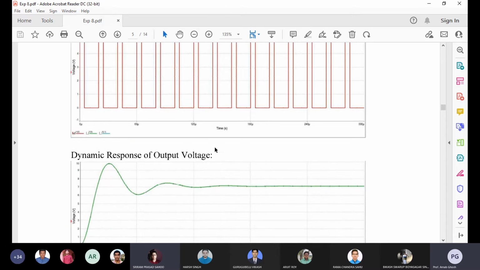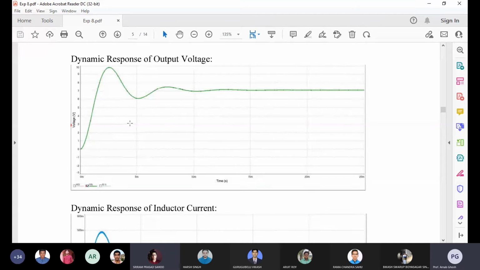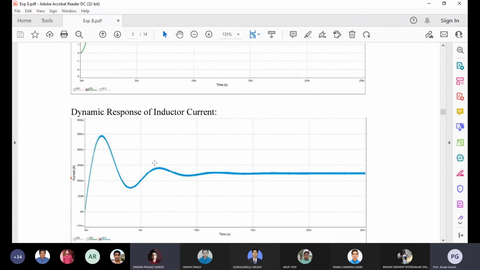Now for the dynamic response, you have to capture the figure such that both the transient waveform as well as the steady state waveform are visible. Here we can see the transient waveform initially, then the steady state value, for voltage as well as current. We need to take both for every converter.